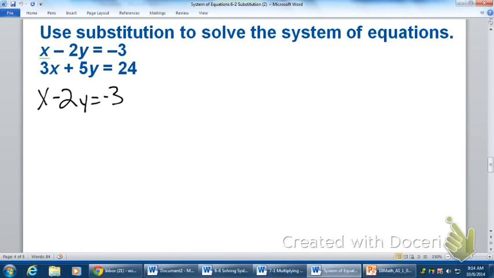How do I get the x value by itself? You have x beside of a -2y. How do I get the 2y to the other side? Not divide. Not multiply. You add 2y. All I'm doing is adding 2y to both sides.